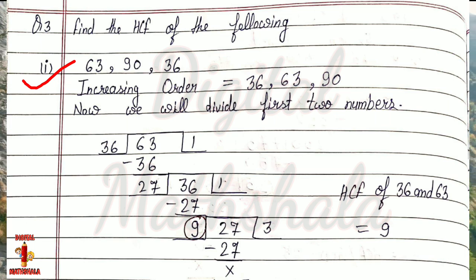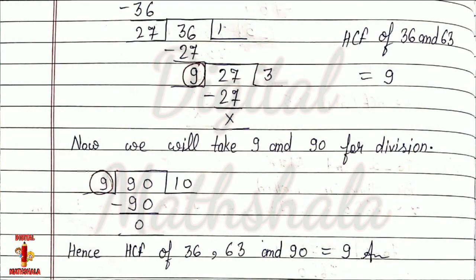So here we are having 9 as a last divisor. So it will be the HCF of 36 and 63. Now we will continue the division process. Here we will take the third number, that is 90, and the HCF of the 36 and 63, that is 9.